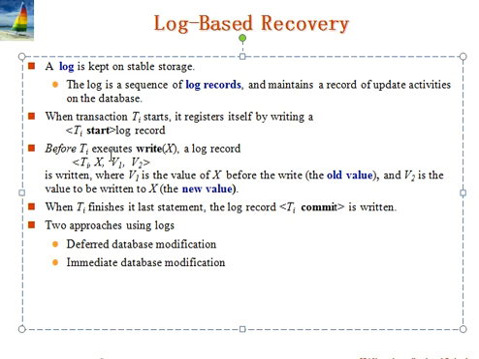Immediate database modification allows database modifications to be output to the database while the transaction is still in the active state. Data modifications written by active transactions are called uncommitted modifications. So this is log-based recovery.